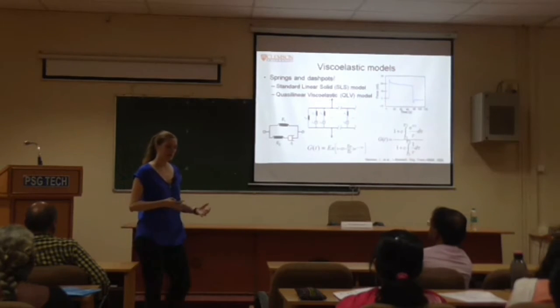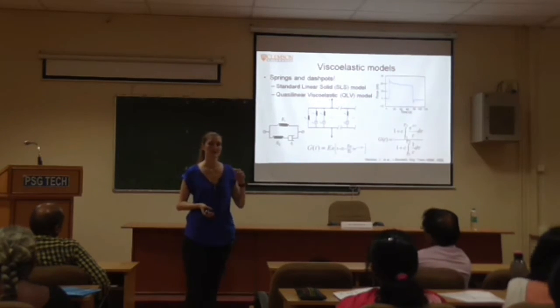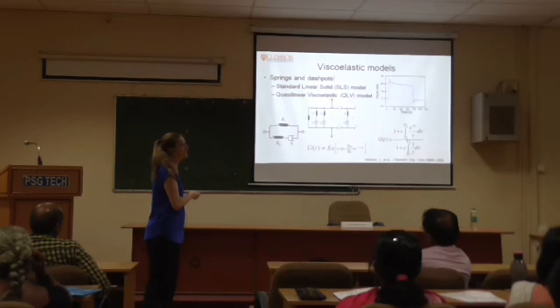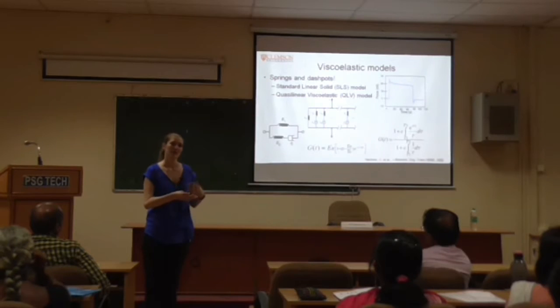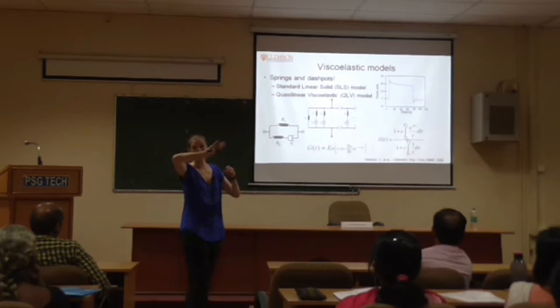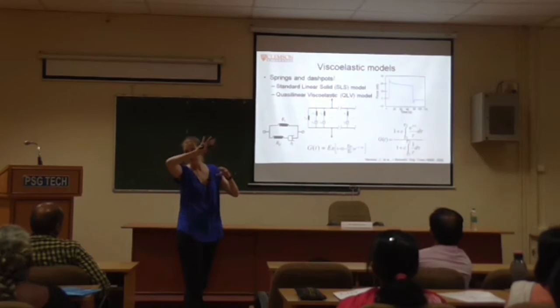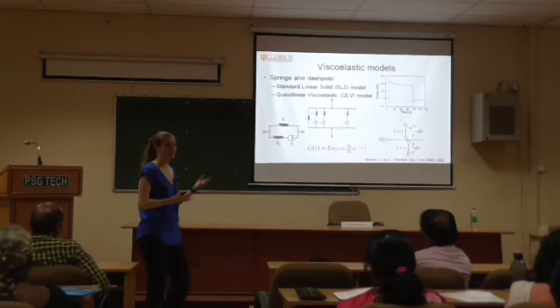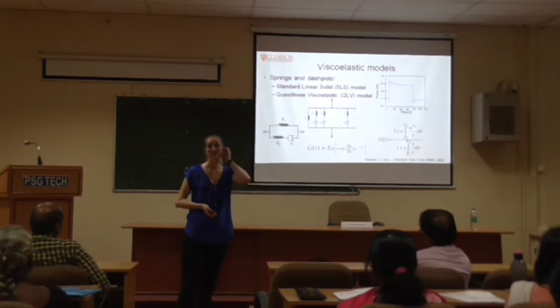Basically all it does is it gives you a decay constant. Each of these dash pots has a time constant associated with it, and that will determine the shape of that return, the viscoelastic return. The one thing that you really need to know for these models is how fast I indented the data, right?